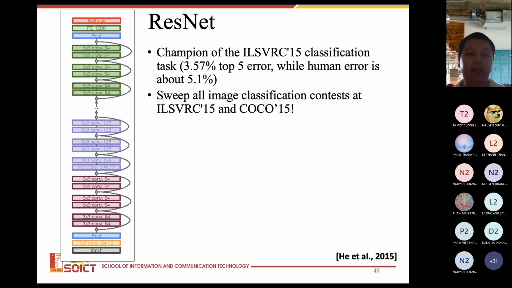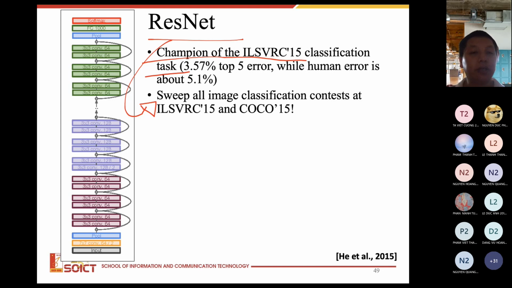About the performance of the ResNet architecture, it was the champion of ILSVRC 2015, and it reduced the classification error to 3.57%, which is better than the human, right? And this architecture was used for almost all the contests, and it got state-of-the-art performance at that time.